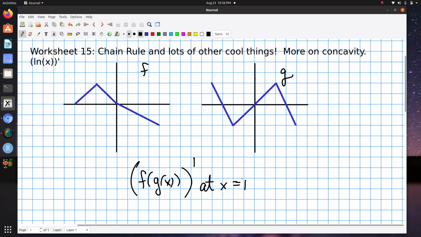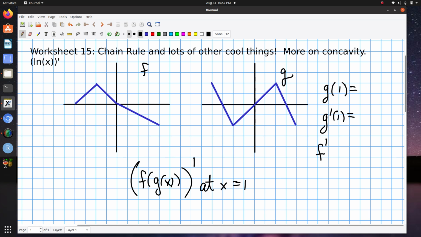Here's the process. And you're going to have to do this over and over again on this and several other worksheets. First of all, you need to find out what g of 1 is. You're also going to need to know what g prime of 1 is, and you're also going to need to know f prime at g of 1.